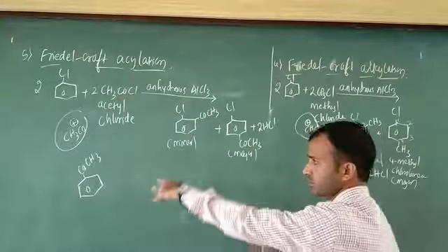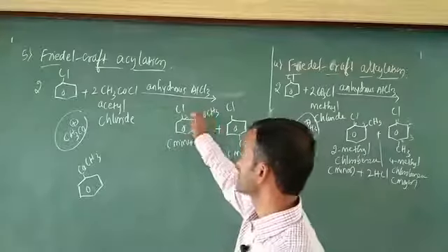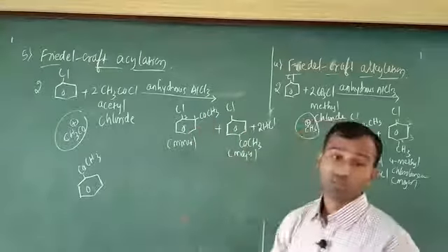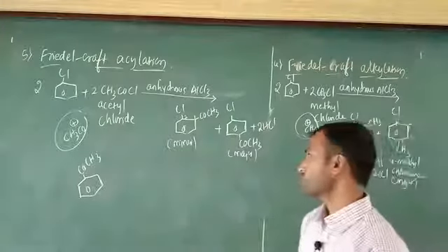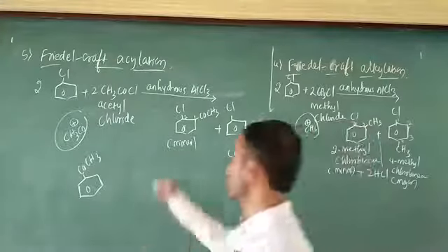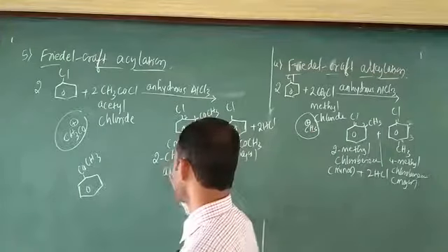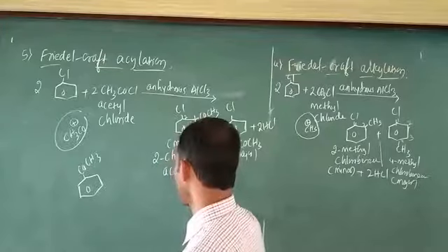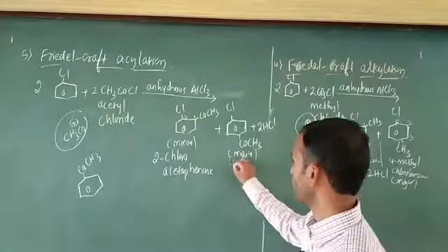In this case this is numbering 1, this is numbering 2, because COCH3 is the major group. That is why 2-chloroacetophenone. 2-chloroacetophenone is the IUPAC nomenclature, no problem.